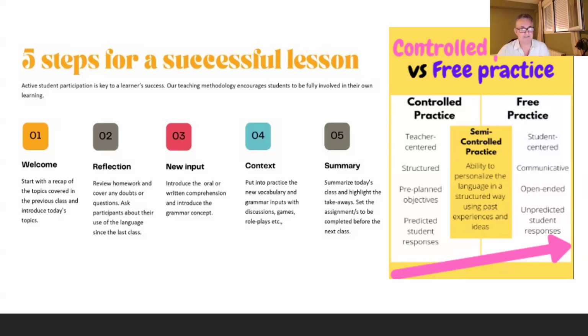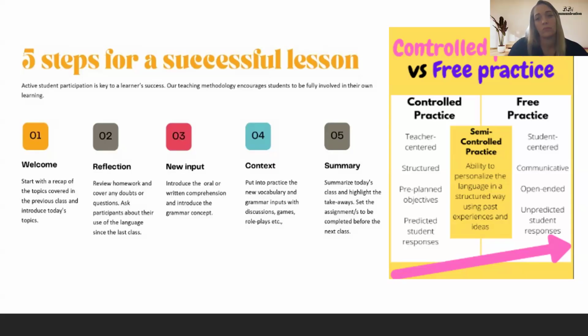I think perhaps this has something to do with the level of different classes. If it's a low level, or it's a grammar class or whatever, then I agree. You know, it's very difficult. 1 hour is very short. But if it's a conversation level, I was looking at your screen, controlled practice versus free practice.